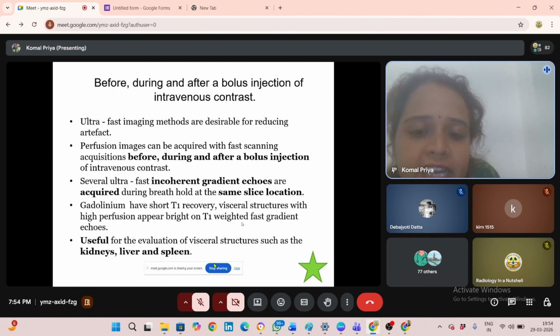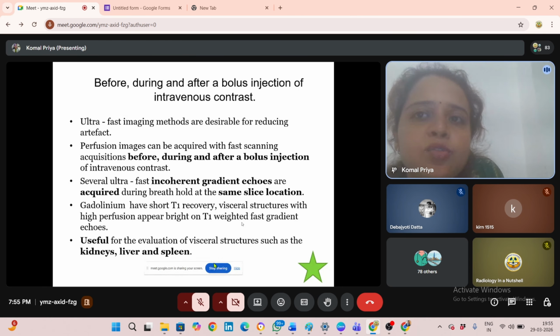That first technique is we give perfusion images with the fast scanning acquisition before, during, and after a bolus injection of the IV contrast media, in which gadolinium is injected, and it shortens the T1 recovery time. Once it shortens the T1 recovery time, the visceral structures will start appearing as high perfusion areas, as brighter, and they will appear as T1 weighted fast gradient echoes.